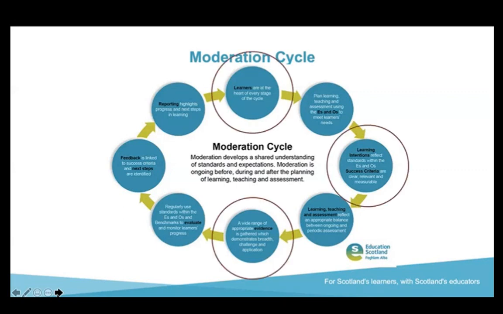All those little circles are really important, but our learners are at the heart of every stage of that, because teaching is about learning, and we want our learners to be achieving as much as they possibly can. How do we share learning intentions and success criteria with children when they're not there? Well, we can use flipped learning, providing them tasks that are accessed digitally because they're in a blended environment, and we use a wide range of assessment, and Google Earth and Thinglink will allow you to do that.